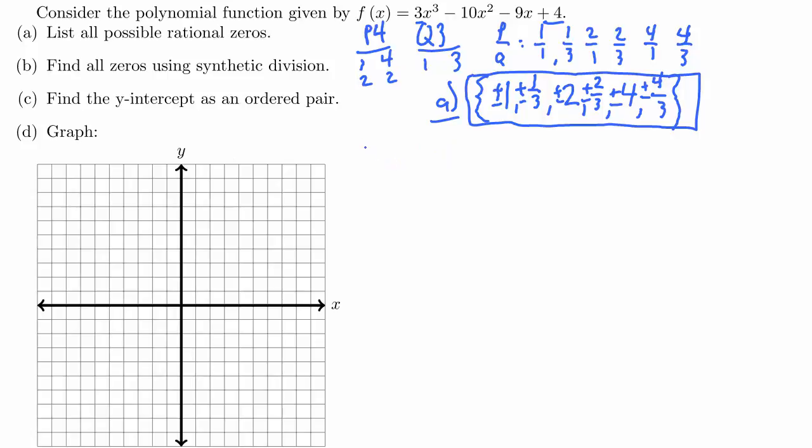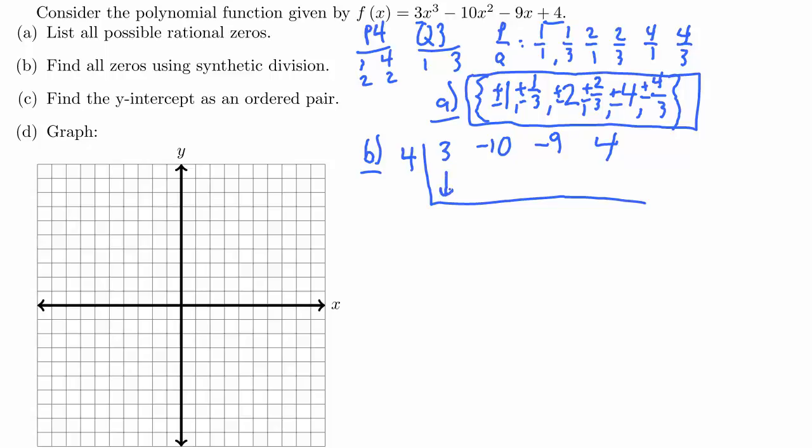using synthetic division. So on B here, let's just do 4 for now. I'm going to show that 4 is a 0. So I'm going to have a 3, -10, -9, and 4. Notice I don't have any zeros here because I'm not missing any degrees.